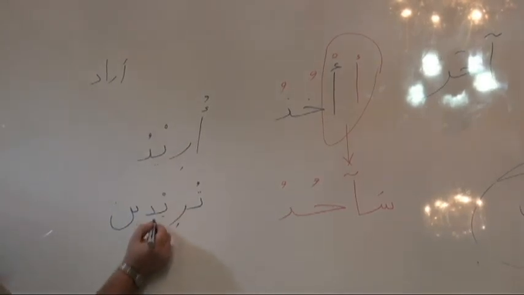When there is aleph, the letter before takes fatha. When there is waw, the letter before takes dhamma. But it is not a rule all the time, most of the time. So to read, ri-deen. Okay? So uridu means I want.